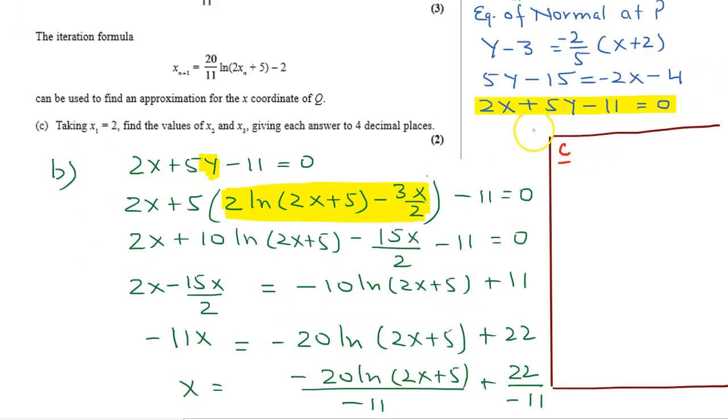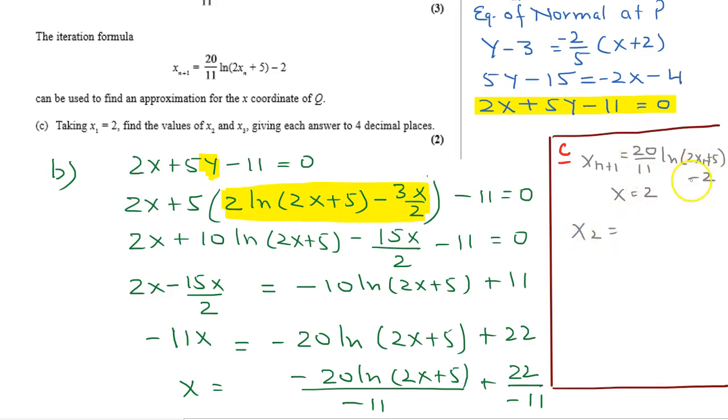Now part C is, if x n plus 1 is equal to 20 over 11 ln 2xn plus 5 minus 2 and x1 is equal to 2, find the value of x2.